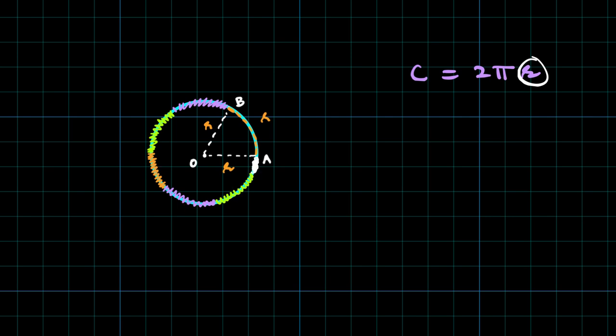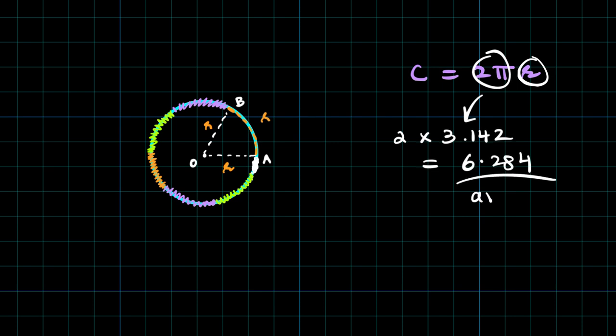In other words, 2 pi, if I write this in decimals, this is 2 into 3.142, which comes out to be 6.284. That means there are 6.284 arcs on the circumference, and it also makes sense to look from here. It was very obvious.